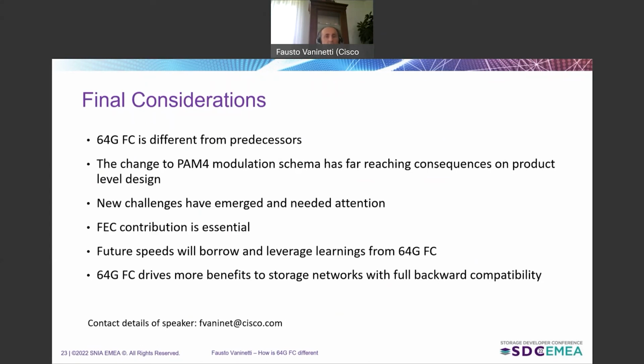And future speeds in the fiber channel world will clearly learn from the lessons we have all received from implementing 64 gig fiber channel in real products. 64 gig fiber channel also introduces more benefits to storage networks, like better power efficiency, reduced serialization delay, so reduced latency, and even more than that.